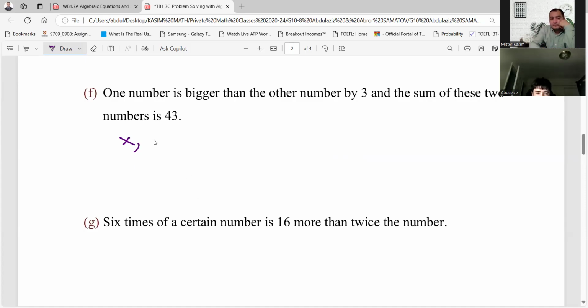It says that one number is bigger than the other number by 3, so that is x plus 3. And the sum of these two numbers is 43. That is x, the first number, plus x plus 3, the second number, equal to 43.